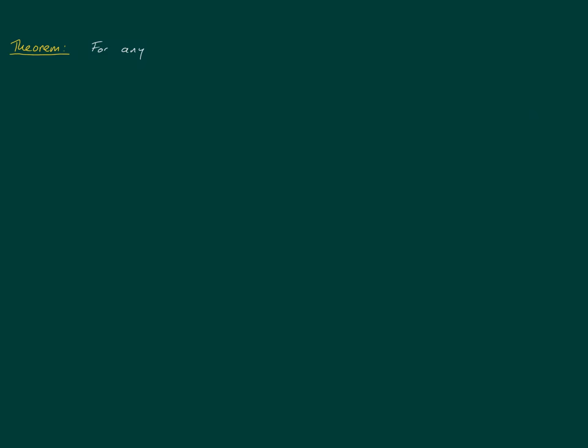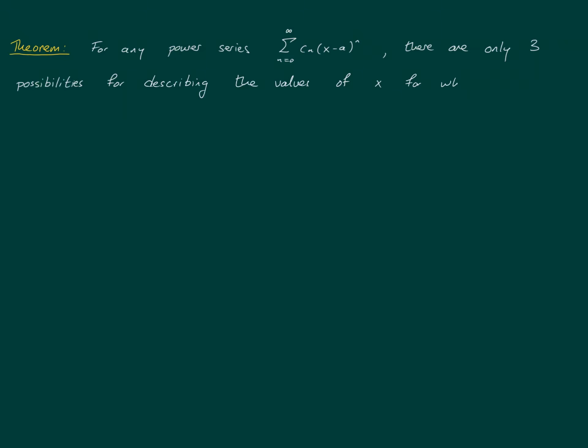For any power series, sum Cn (x minus a) to the n, there are only three possibilities for describing the values of x for which the series converges.